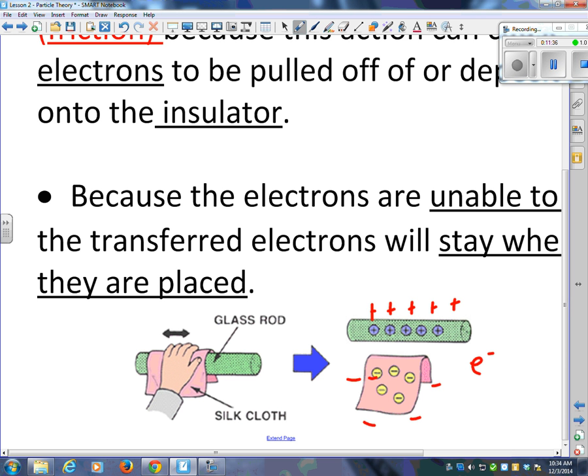Because this is a negative charge, this means this one over here has more electrons, this one's got less electrons, so which way have the electrons gone? They've gone to the cloth. So which one is stronger? The cloth. The cloth is pulling off the electrons.